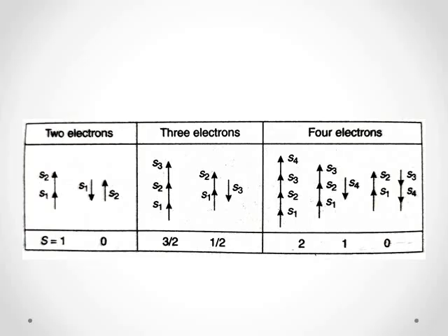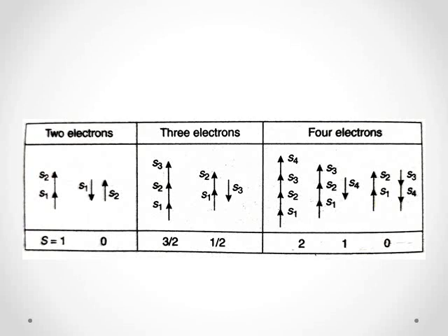See the diagram. In a two electron system, if both electrons are in the same direction, S1 is half, S2 is half, and the resultant is 1. If they are anti-parallel, S1 is half, S2 is minus half, they cancel each other and the resultant is 0.